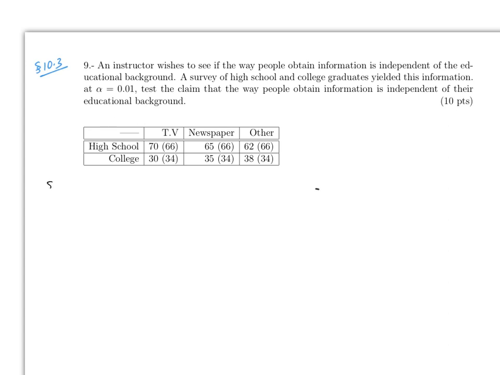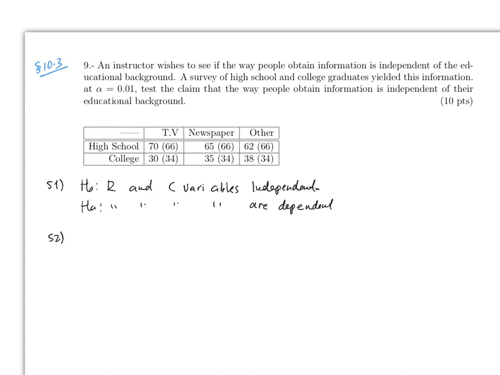Hence, step 1 is H0: row and column variables are independent, and the alternative is the row and column variables are dependent. So that's the claim.